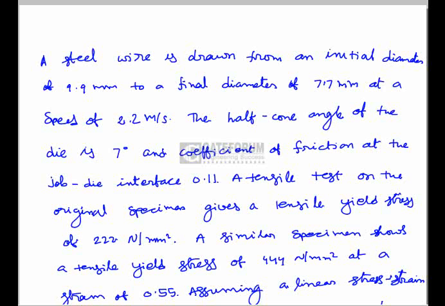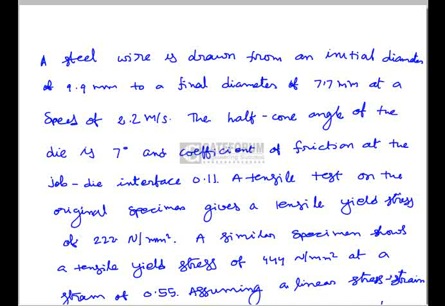A steel wire is drawn from an initial diameter of 9.9 mm to a final diameter of 7.7 mm at a speed of 2.2 meter per second. The half cone angle of the die is 7 degrees and the coefficient of friction at the job die interface is 0.11. A tensile test on the original specimen gives a tensile yield stress of 222 Newton per mm square. A similar specimen shows a tensile yield stress of 444 Newton per mm square at a strain of 0.55.